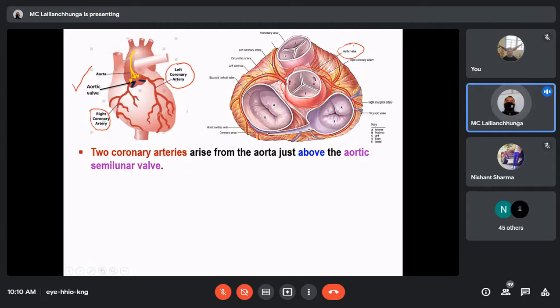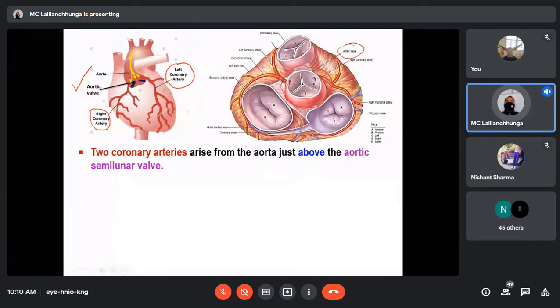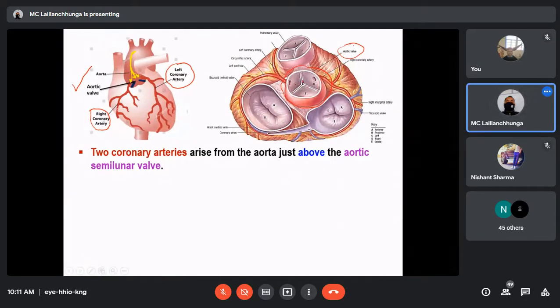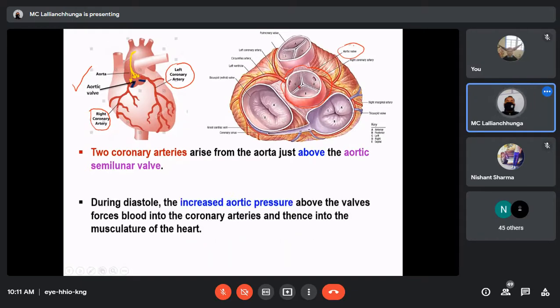So blood comes from the aorta into the arteries during systole, but during diastole the blood will drain from the aorta into the coronary arteries. During relaxation the pressure in the aorta is higher.